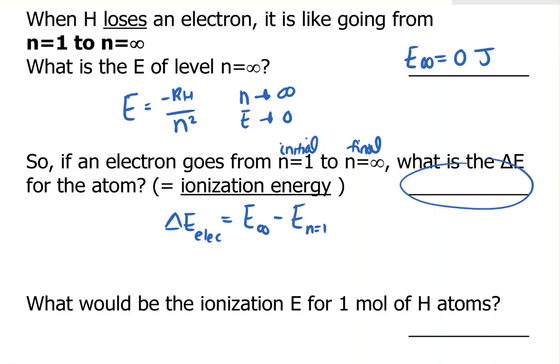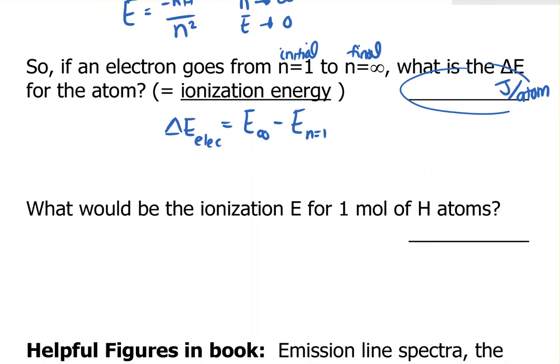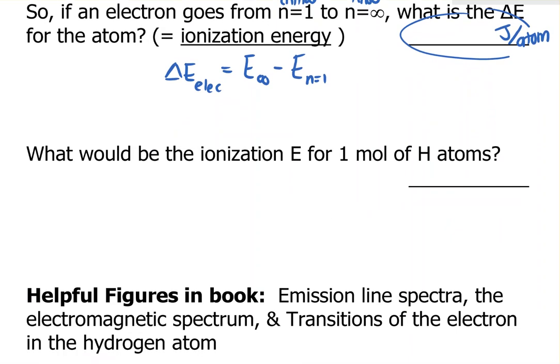But this number will come out in joules, and it is for one electron, but we are calculating it for the atoms overall, how much energy. So this will be in joules per atom. I'll let you come up with that number, and then next you're going to need to convert it to a mole of hydrogen atoms.